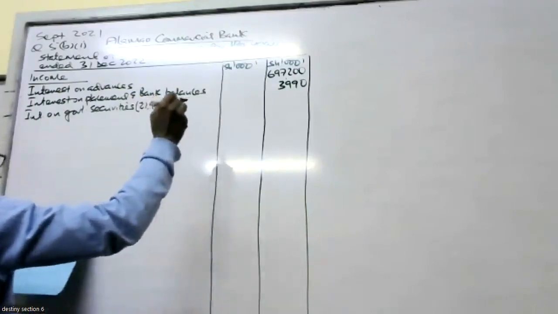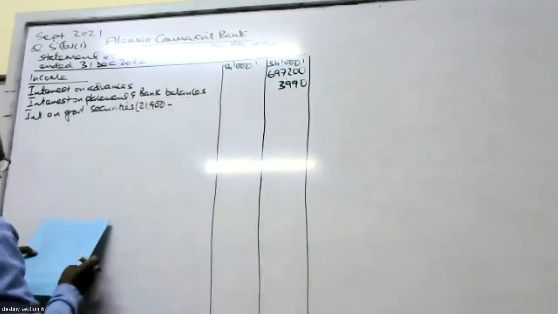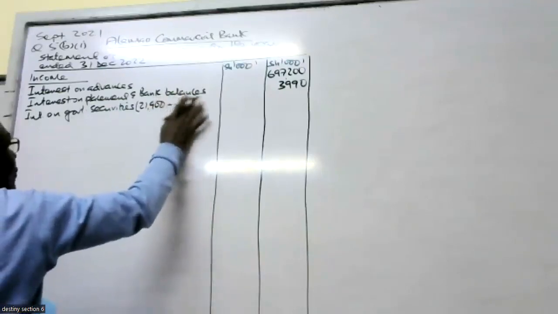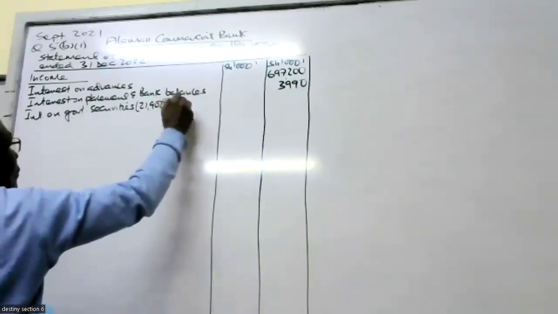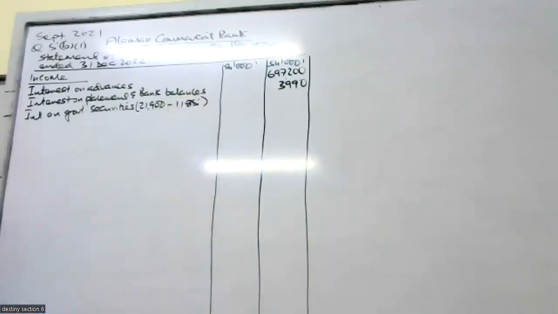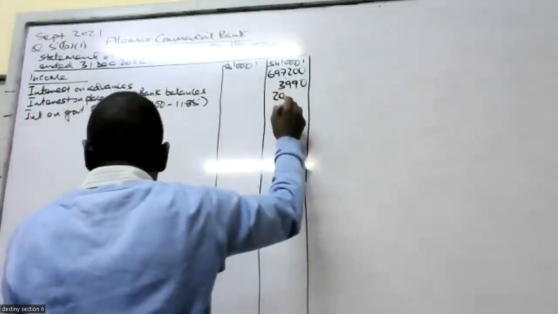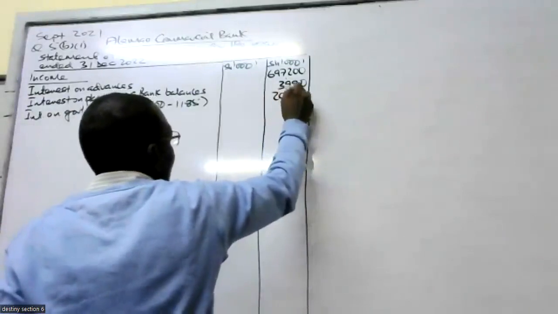We'll subtract this loss from investment, 1185. So that the rest is taxable income. And we get 20,715.